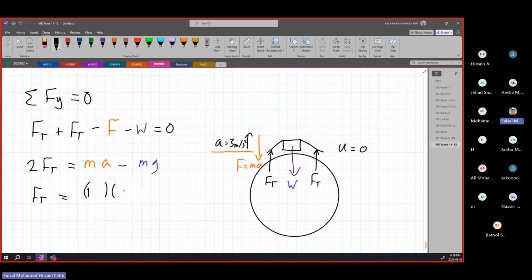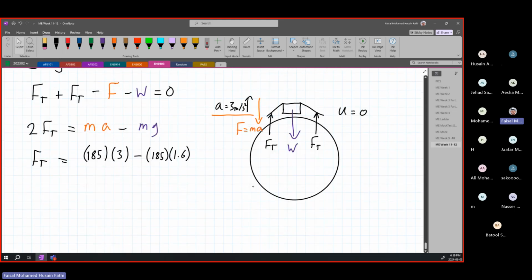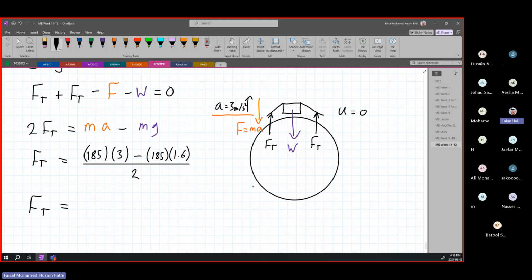So 185 times the acceleration of 3 meters per second squared, minus mg, which is 185 times 1.6 meters per second squared, which is the gravity on the moon, divided by 2. The 2 that was on the left side, we took it here. And this is going to be our new thrust force that we need for this to take off from rest.